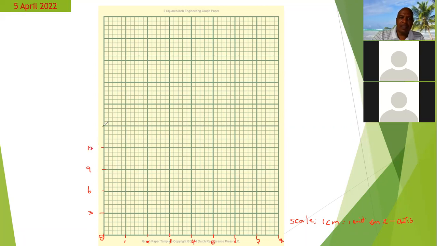Now, what would be the scale on my y-axis? 1 centimeter representing 3 units, sir. Exactly. So that would be the scale for the y-axis. So you have to write both scales on your graph paper.